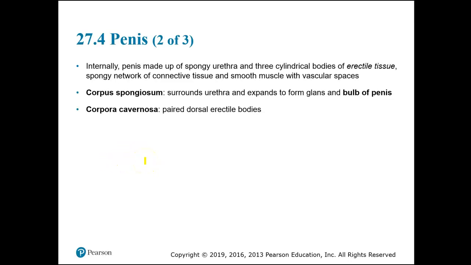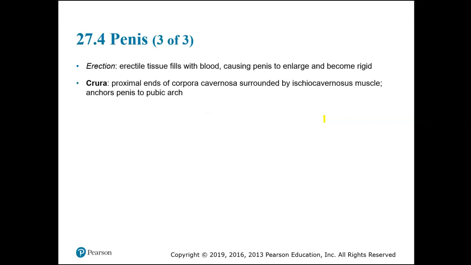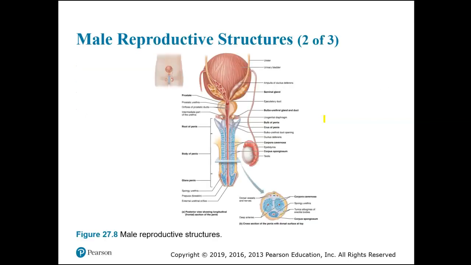Okay, there's tissue called the corpus spongiosum and the corpora cavernosa. The corpora cavernosa are paired dorsal erectile bodies, and the corpus spongiosum expands to form the glans and the bulb of the penis. These are just structures of the penis, and I'm just sitting here thinking, which ones did I ask questions about?